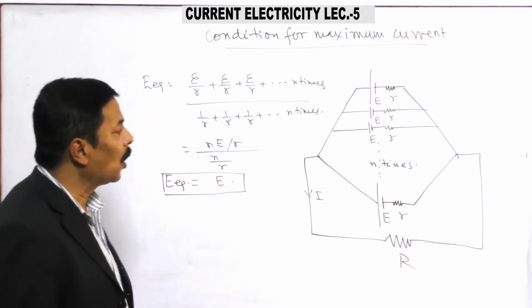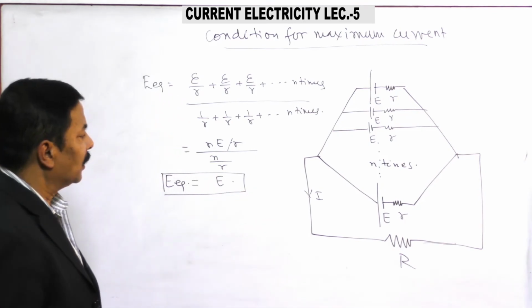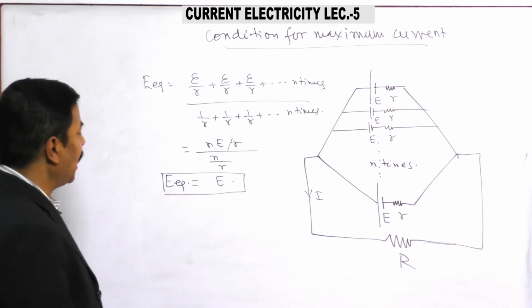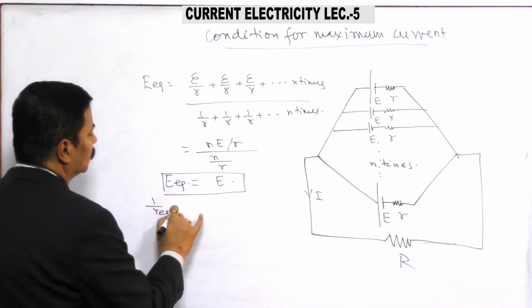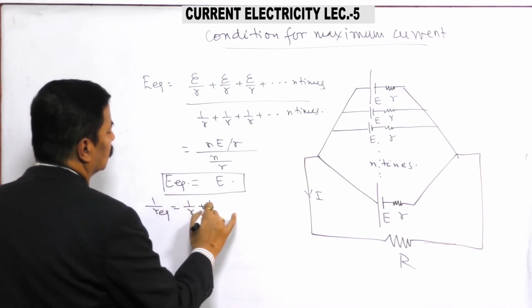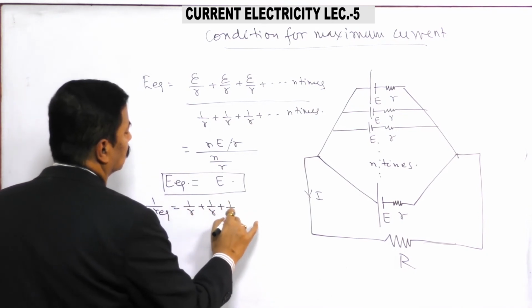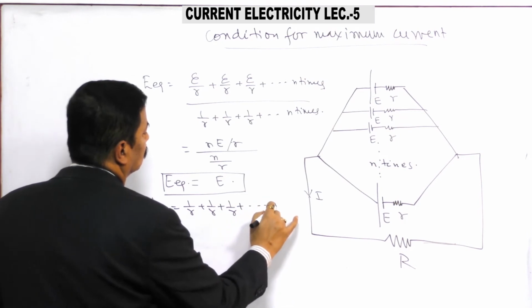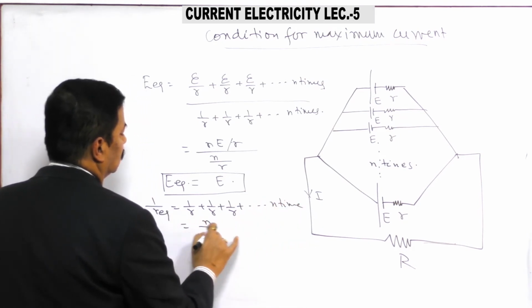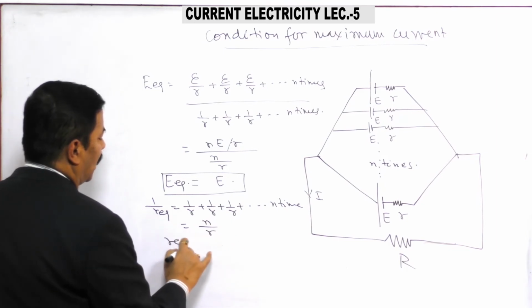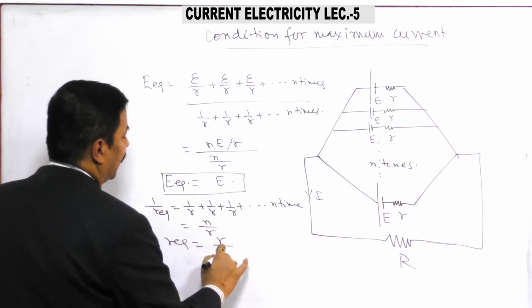Then if we talk about the R equivalent, 1 by R equivalent, so R equivalent is equal to R by n.